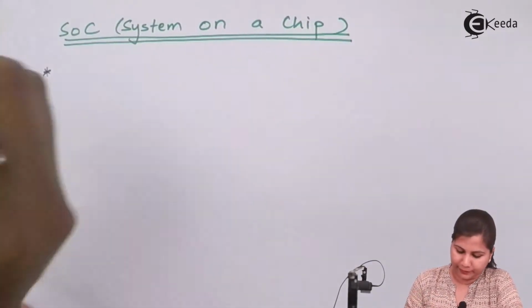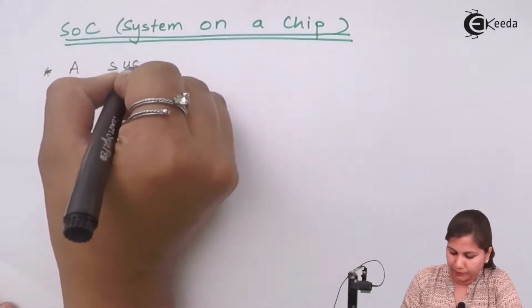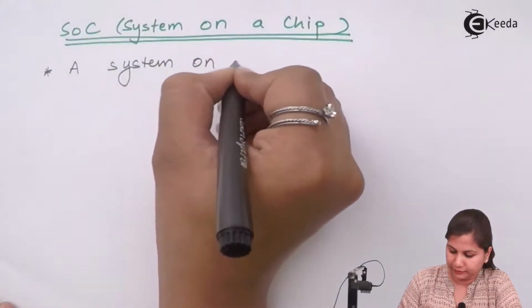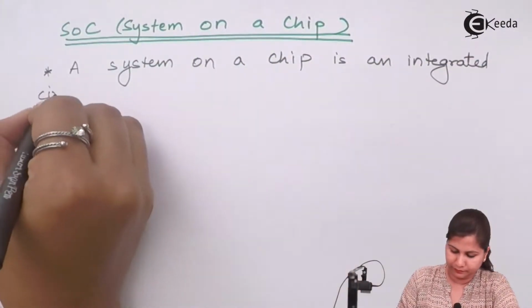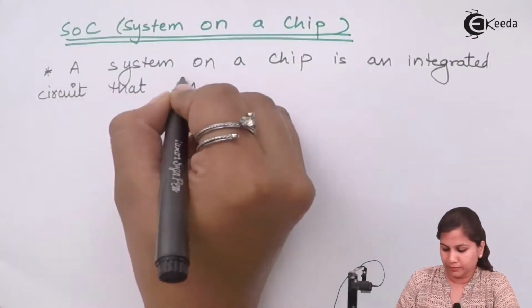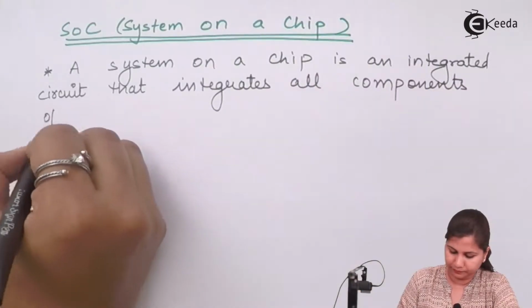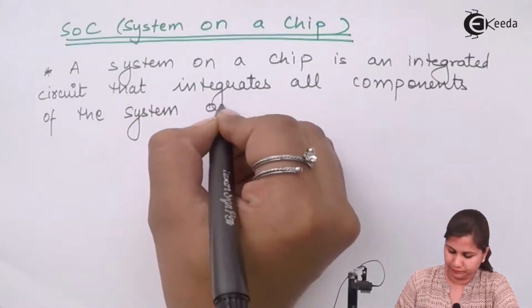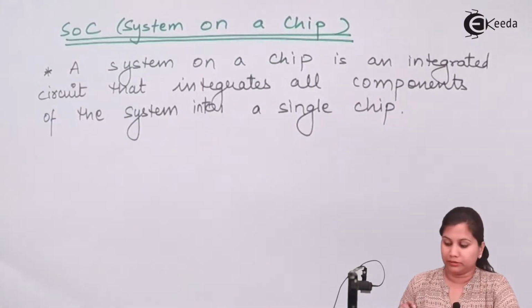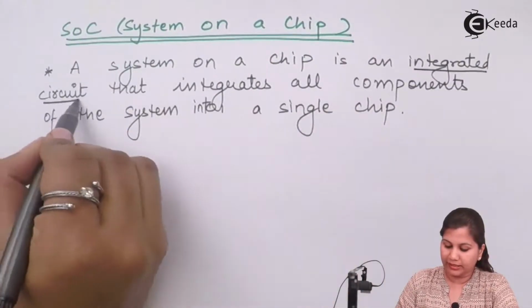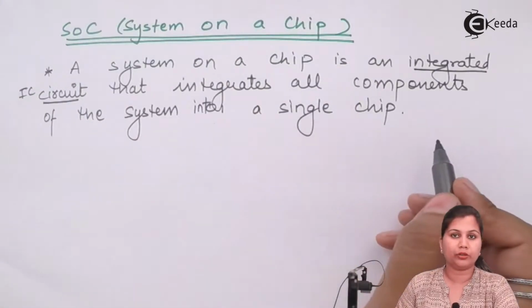So we can say that a system on a chip is an integrated circuit, that is an IC, that integrates all components of the system into a single chip.